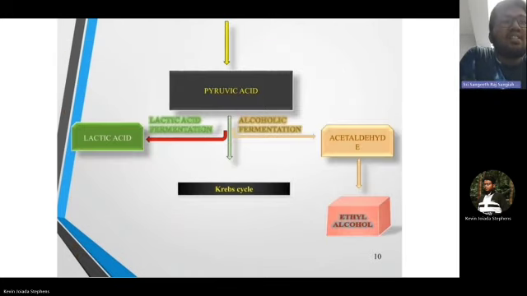Pyruvic acid, the left is lactic acid. Lactic acid fermentation, alcoholic fermentation, acetaldehyde, which leads to ethyl alcohol.